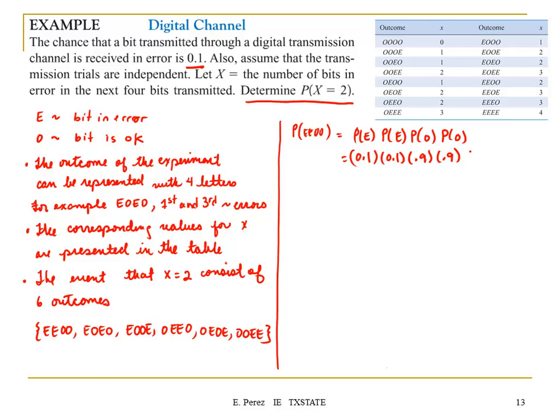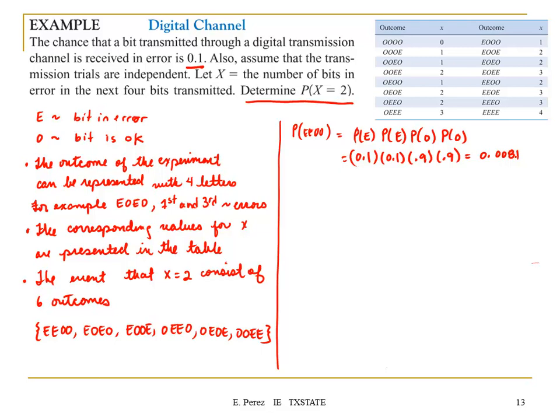You have to multiply the independent events, and based on the specific outcome, two that contain errors and 2 that do not contain errors, the probability is 0.0081. Okay, so that's for 1.